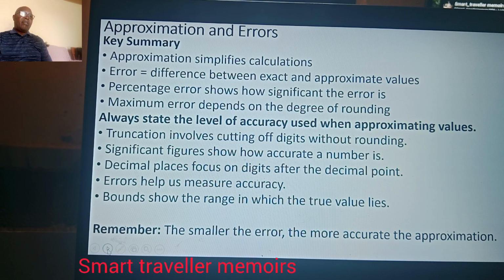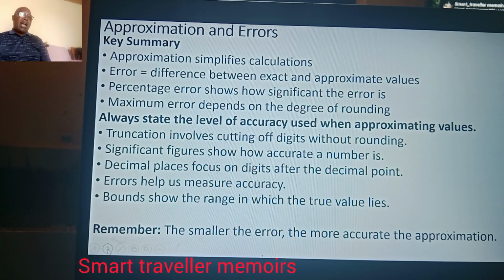Always state the level of accuracy used when approximating values. Truncation involves cutting off digits without rounding. Significant figures show how accurate a number is. Decimal places focus on digits after the decimal point.